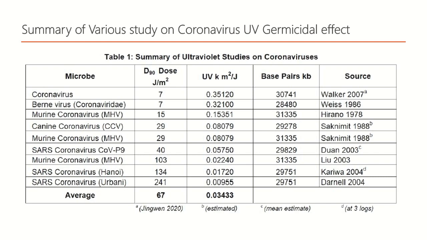K is actually a constant for a particular type of organism for UV disinfection, and this is a multiplying factor that is used in calculations of UV disinfection.